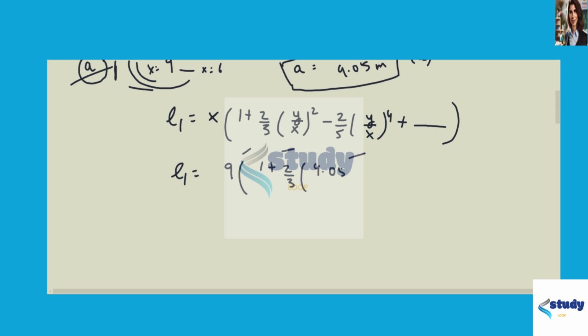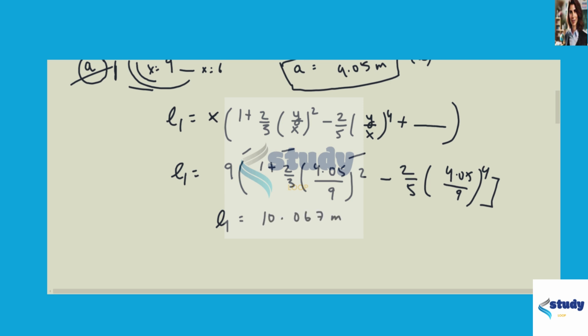That's 4.05 divided by 9 square, minus 2 by 5 of 4.05 divided by 9 to the power 4. Let's consider only these terms. If we solve this, L1 comes out to be 10.067 meters.